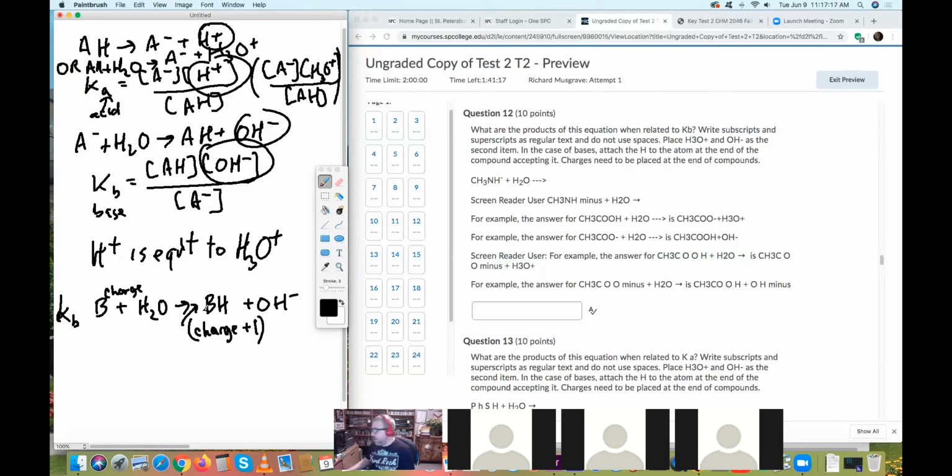This is always the pattern. It never changes. B will have a certain charge on it.